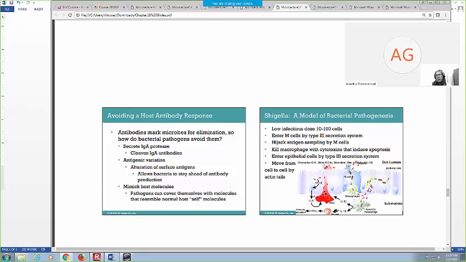And when it's released, it goes into the epithelial cells nearby, and it goes from cell to cell by hijacking the actin that's already in the epithelial cells lining the gut, and it transfers from cell to cell in that manner. And within those cells, it's able to use the nutrients present to grow and colonize and survive.